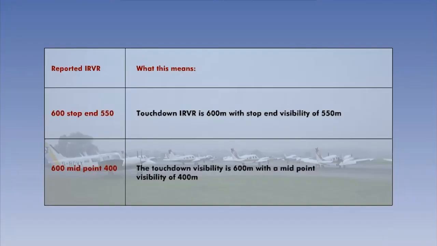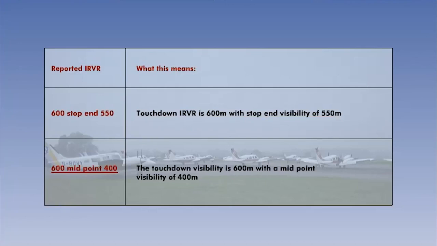If only 2 readings are given, the first relates to touchdown, and the second is prefixed as follows. 600, stop end 550, means the touchdown visibility is 600 meters, with a stop end visibility of 550 metres.